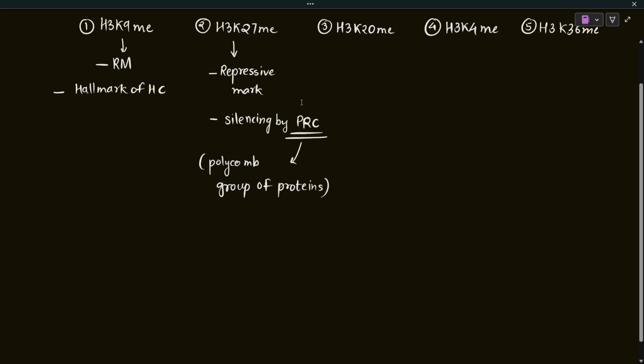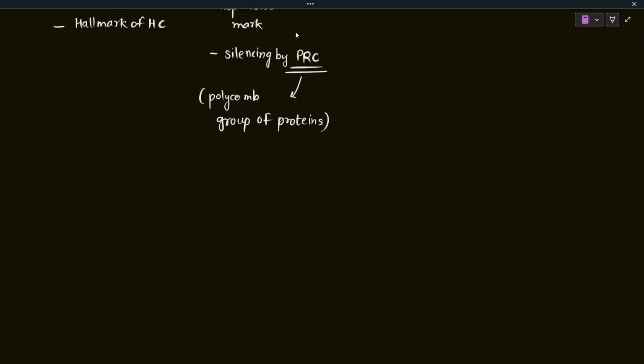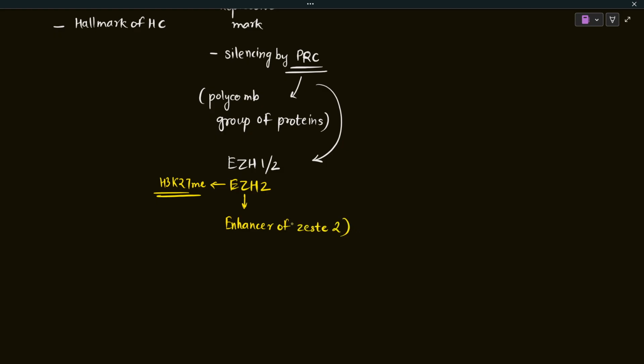In this complex there is an enzymatic domain known as EZH1 or 2. Specifically here it is EZH2, which is going to do the H3K27 methylation. This is the enhancer of zeste 2, EZH2.